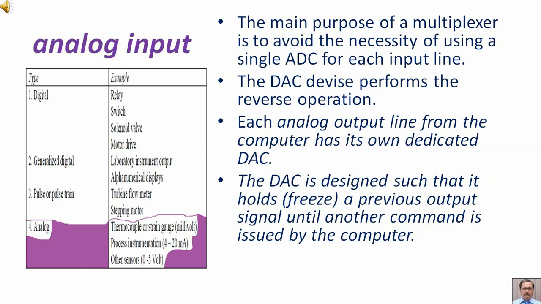The main purpose of a multiplexer is to avoid the necessity of using a single analog to digital converter for each input line. The digital to analog converter device performs the reverse operation.